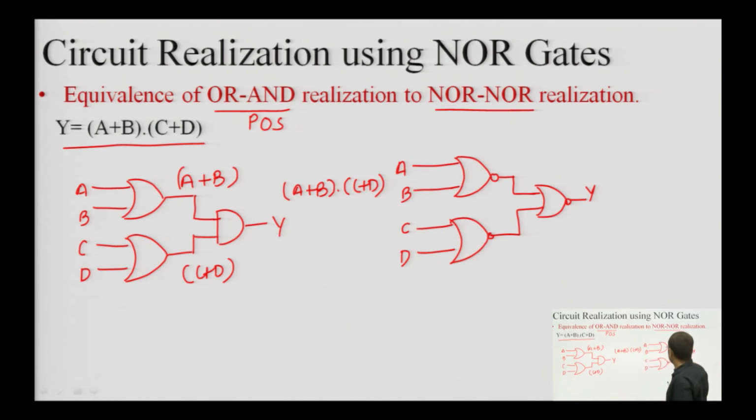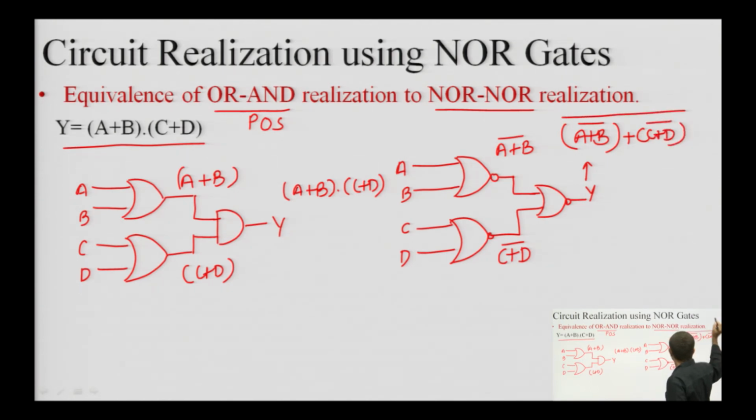So, for this I am writing the intermediate expressions like A plus B whole complement, here I will be getting C plus D complement. And here this Y will be A plus B whole complement plus C plus D whole complement and further complement.